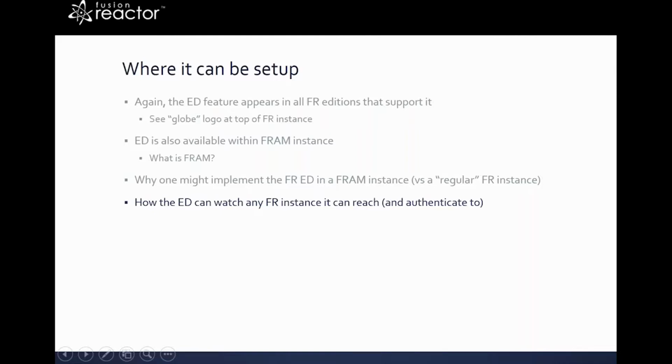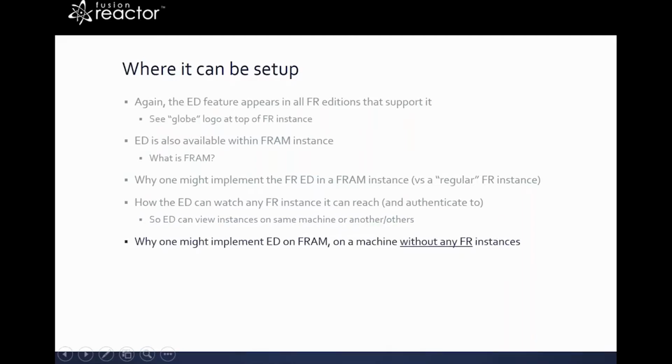So as long as an enterprise dashboard location can reach a FusionReactor instance by a URL, it can be added to the dashboard. So you could be watching from the dashboard instances that are on the same machine or on another machine or other machines. Okay, so you can make your dashboard be as complex as you need it to be.